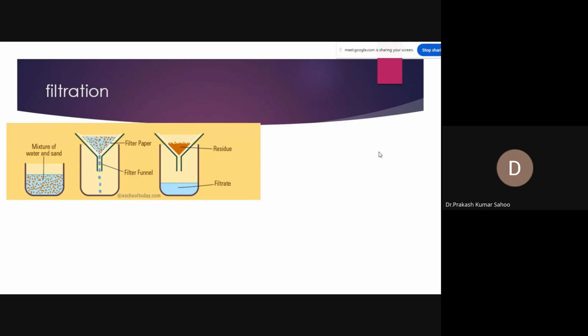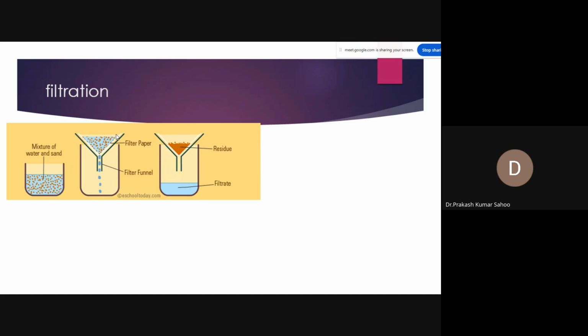There is filtration. This is a basic method of separation in our labs. Take a mixture of water and sand, which is a heterogeneous mixture. If I wish to separate the water and sand, I may use a simple filter paper and a funnel.